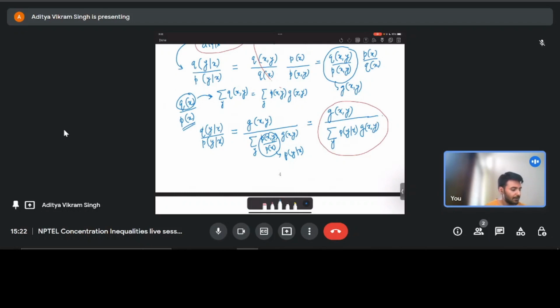This is the expected value of g(x, y), where x is fixed to small x, and y is varying, coming from the conditional distribution given small x, with its PMF. So this is the Radon-Nikodym derivative for the conditional distribution.